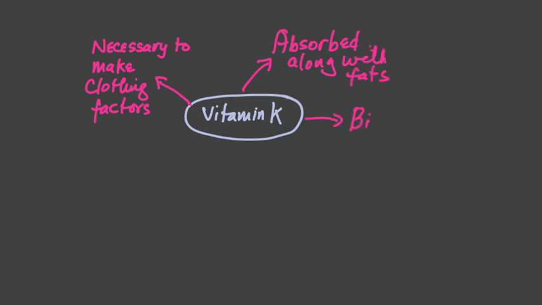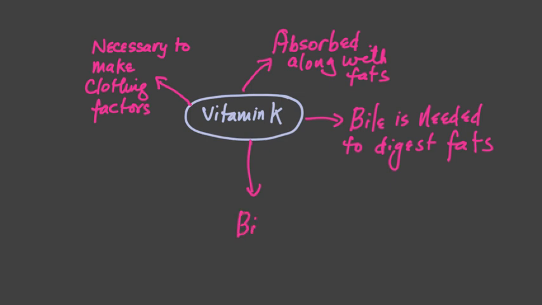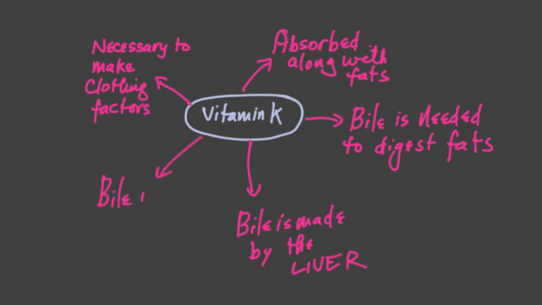In order for fats to be digested, we need bile, which emulsifies the fats. It allows the fats to mix with water. Bile is made in the liver, while bile is stored and released by the gallbladder. We need this background information to understand why gallstones lead to clotting problems.